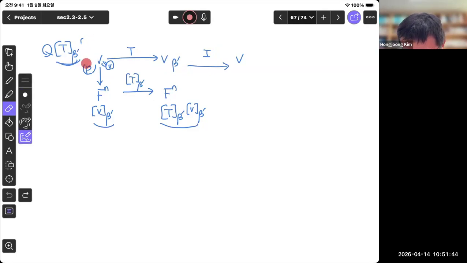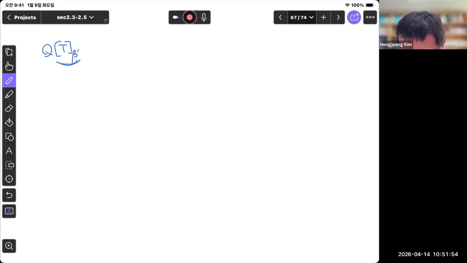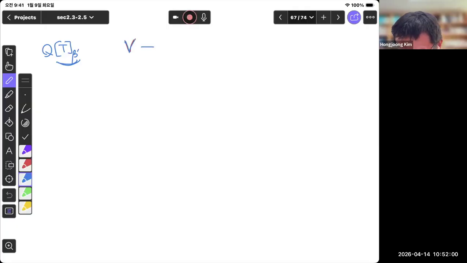Let me rewrite this. Okay, so from V to V, I have a linear transformation T. Then for any V vector, I can find its coordinate.